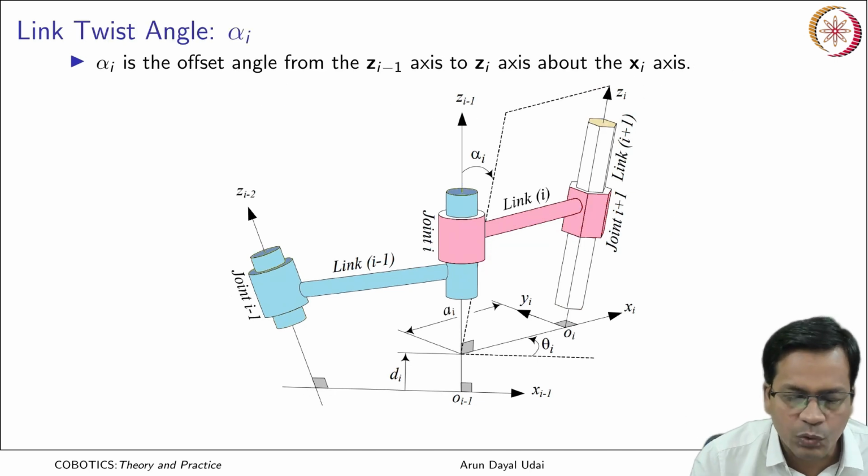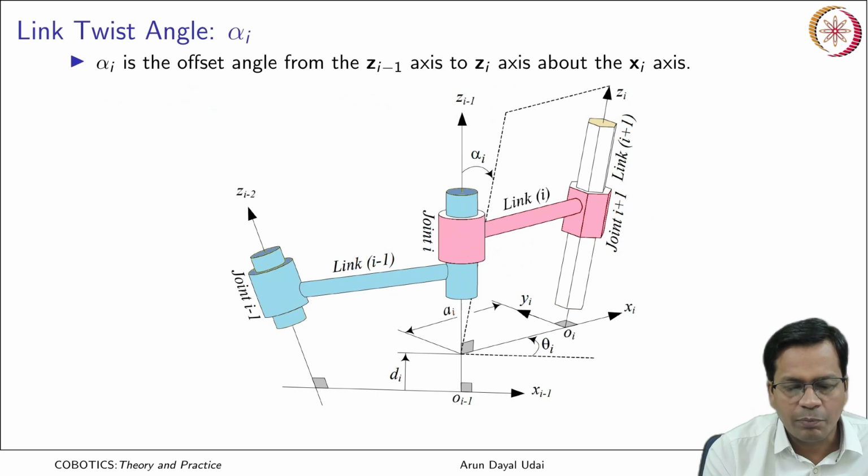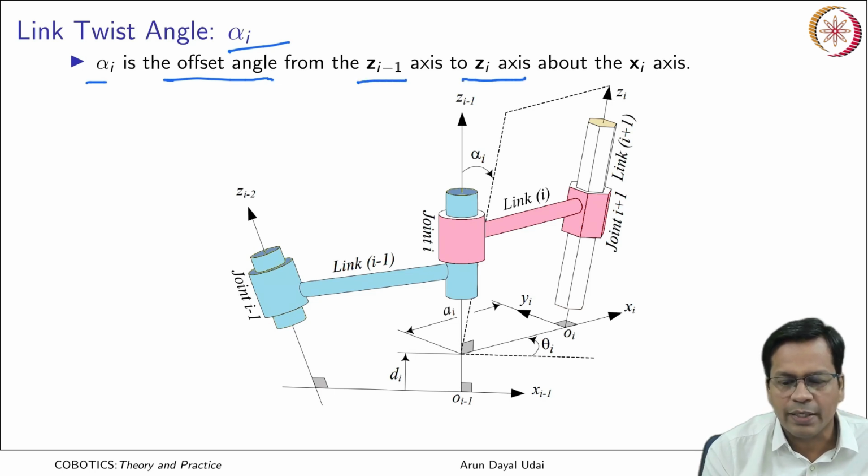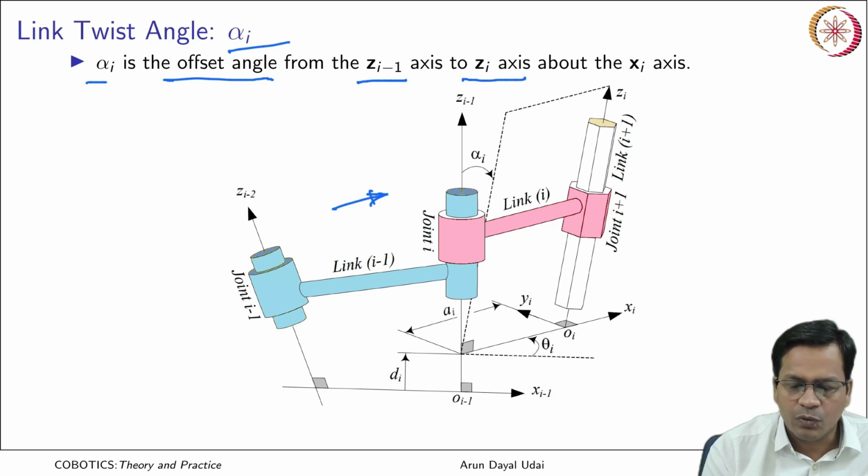Okay. So, what is twist? Twist is given by alpha i. Alpha i is the offset angle from zi minus 1 to zi. If you look from here, there is a twist angle.